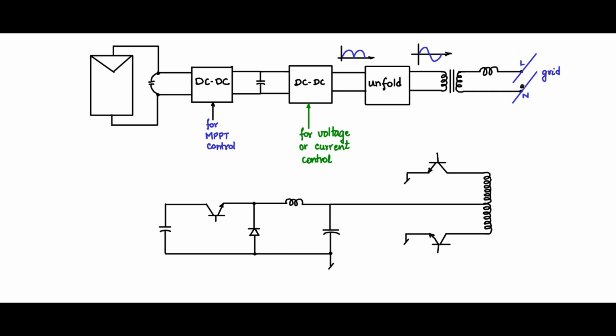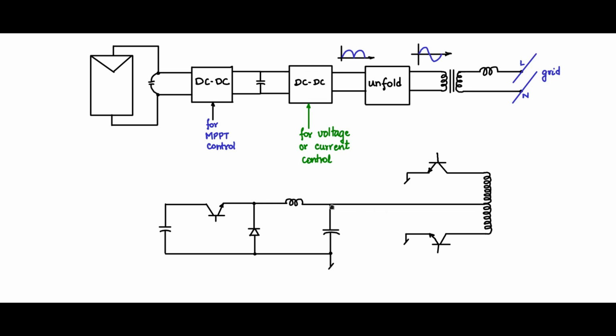So it is only the active portion of the power which is flowing through always. Therefore I have not put a reverse diode, but you may put a reverse diode. If it is a BJT or a MOSFET or IGBT, the reverse diode is already inbuilt within the body of the switch.